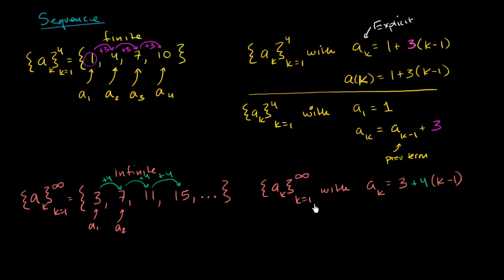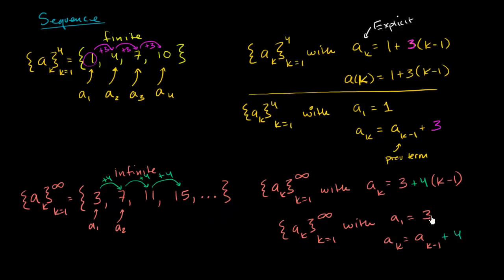So how would we do this one? Well, once again, we could write this as a sub k starting at k, the first term, going to infinity with our first term, a sub 1, is going to be 3 now. And every successive term, a sub k, is going to be the previous term, a sub k minus 1, plus 4.